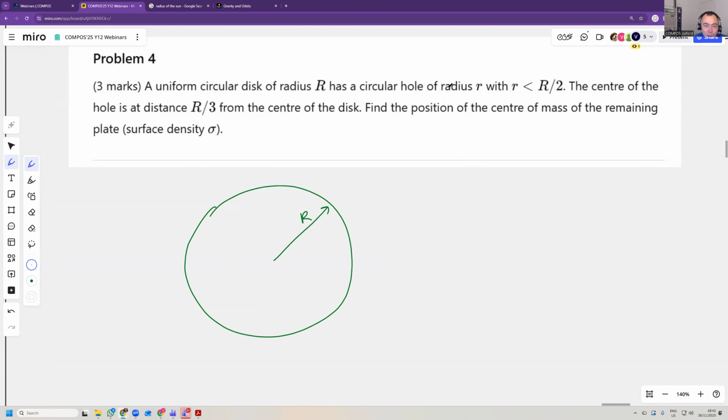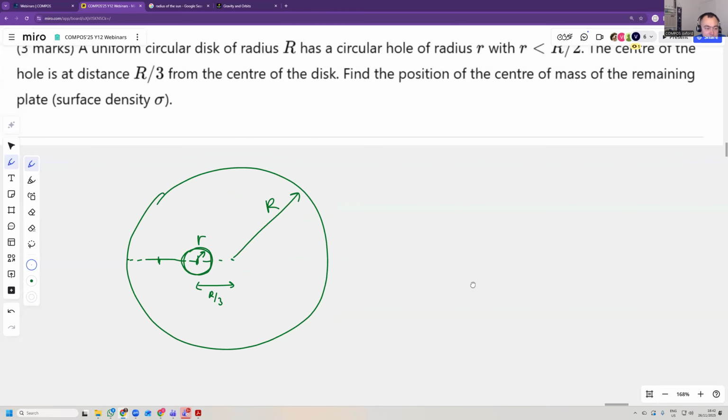has a circular hole of radius r over 2. The center of the hole is at a distance of r over 3. So there's a hole here, and the radius is half, and the distance is r over 3. Find the position of the center of mass.